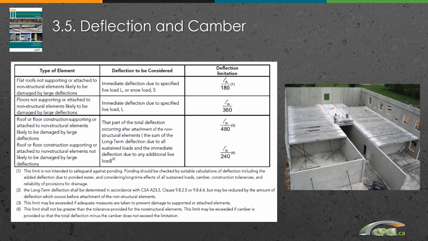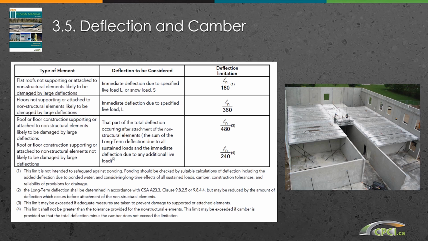Deflection. I think most of you are familiar with these formulae here. That's been sitting in the code for ages. The roof, which is not connected to a non-structural element, this is the immediate deflection due to specified live loads, L over 180.